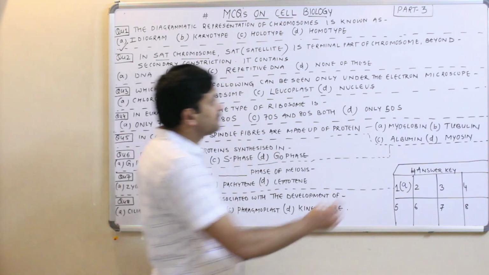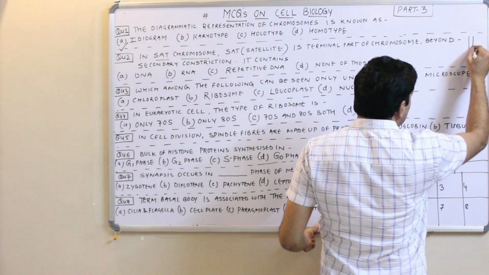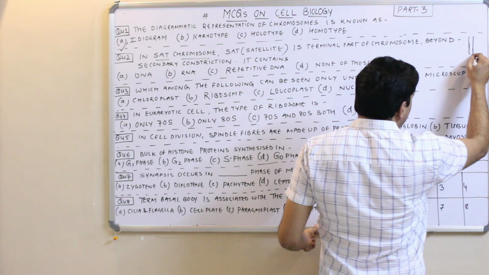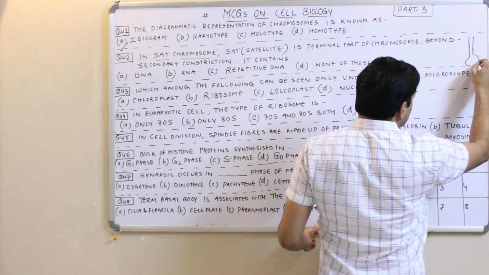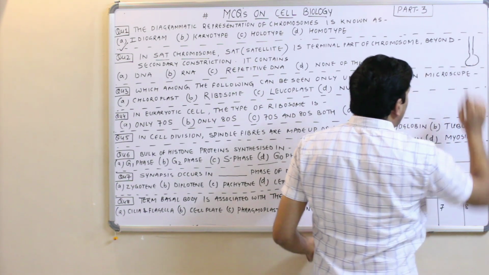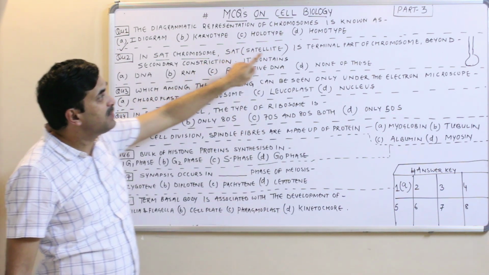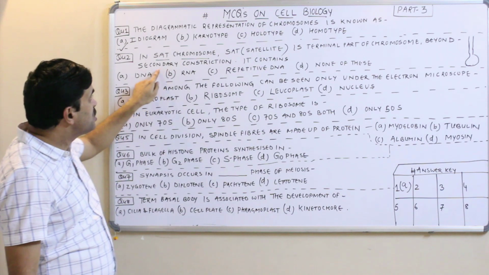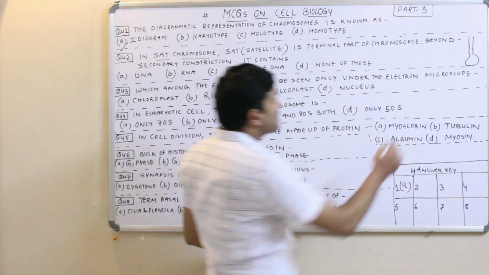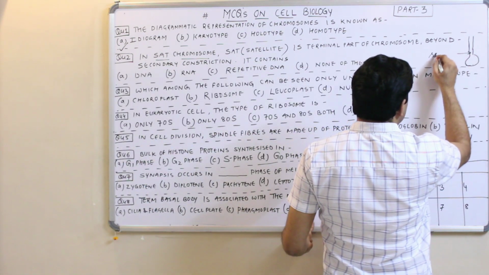Say if this is the last part of the chromosome, then this is the SAT part. So the SAT or the satellite is the terminal part of the chromosome beyond the secondary constriction.